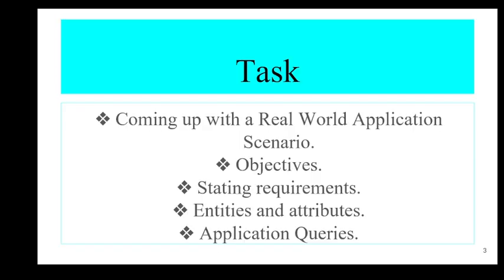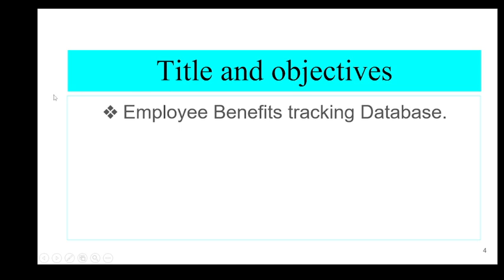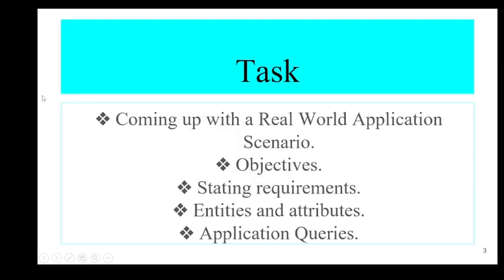So our real world problem or our real world application, this is under the task. We are going to come out with a task which we are going to follow these steps and then implement.